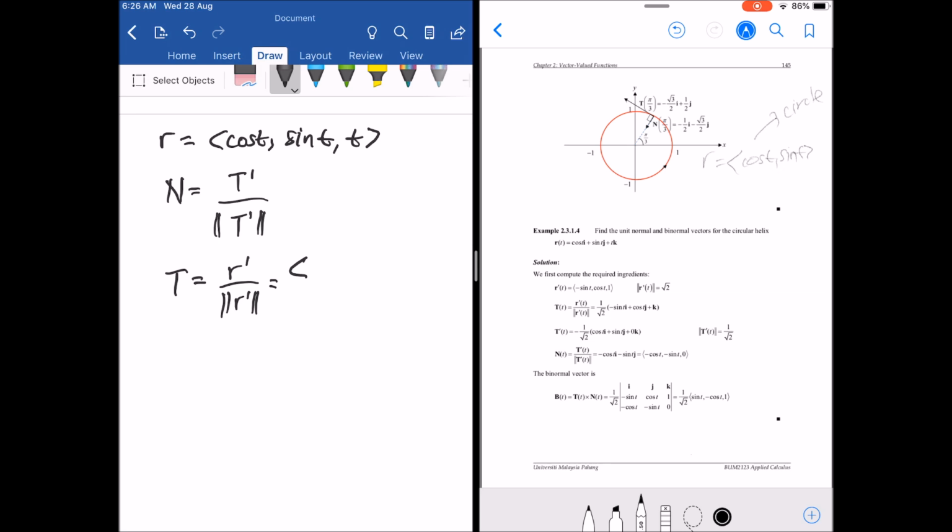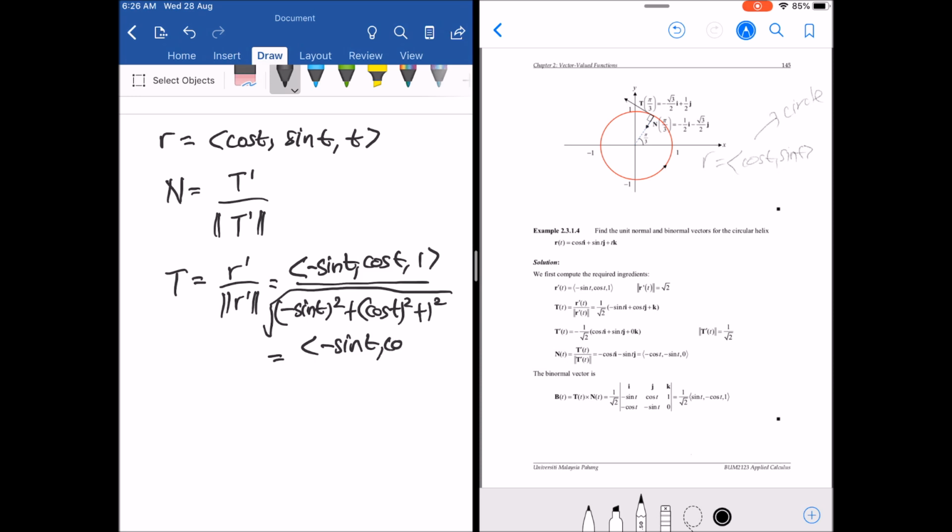We differentiate r and get negative sin t, cos t and 1. The magnitude is the square root of negative sin t squared plus cos t squared plus 1 squared, so we have negative sin t, cos t, 1 over square root 2.